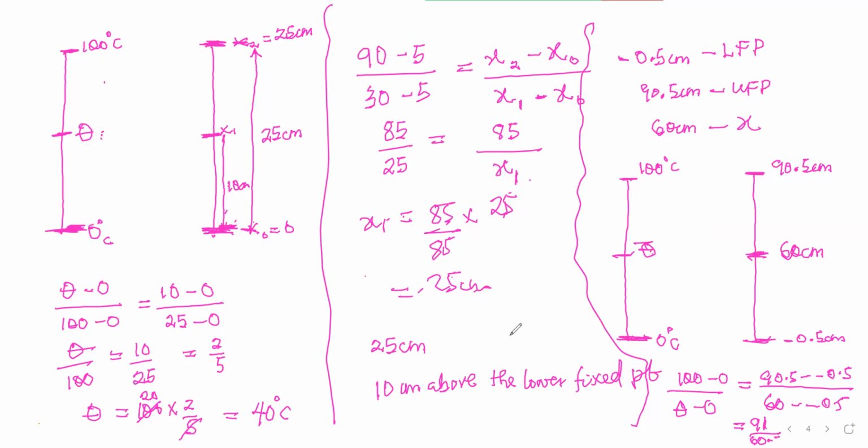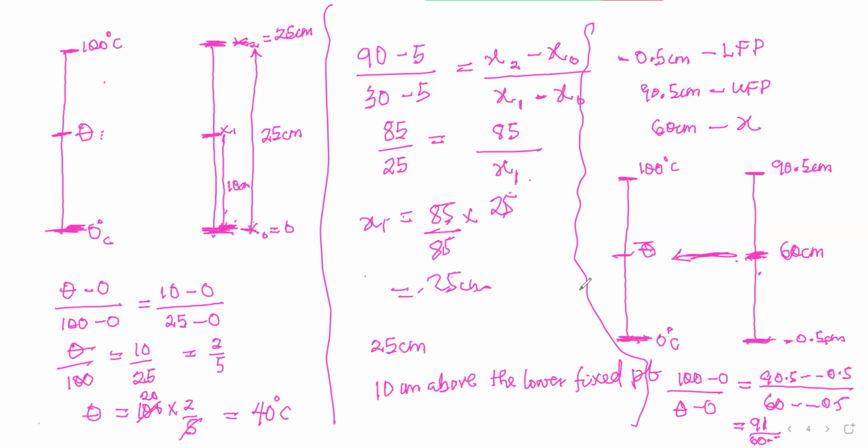You see, the whole argument is that when temperature is 0, the length of mercury within the capillary tube is at negative 0.5. And when temperature is at 100, the length of the mercury thread is at 90.5. So when it is at 60 centimeter within the capillary tube, what will be that corresponding temperature above the lower fixed point? That's all that we are looking for.